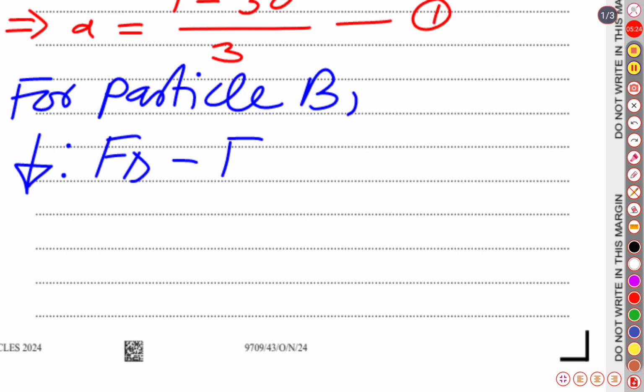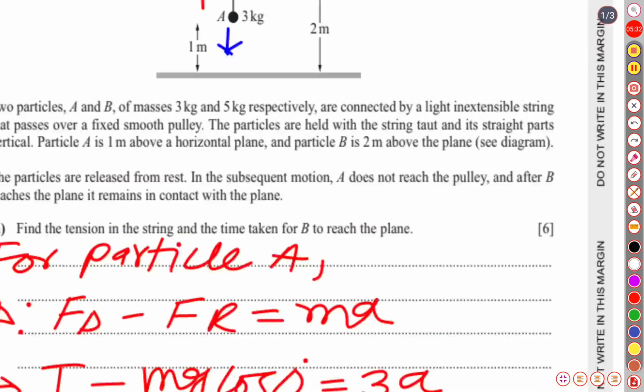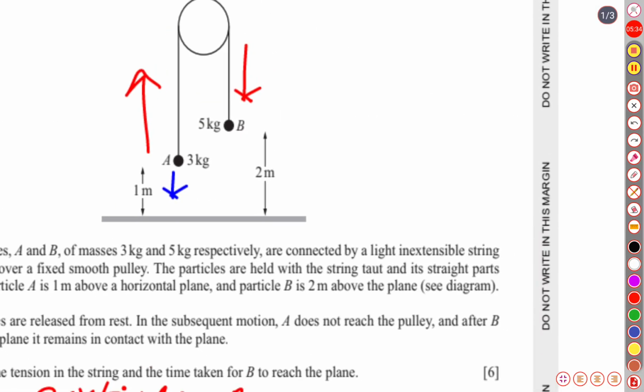Driving force minus resistance force is equal to mass into acceleration. Let us see from the diagram what the driving force for B is. Look at this, there is nothing but weight which is causing it to move downward. So the resultant force of weight is the driving force for B.